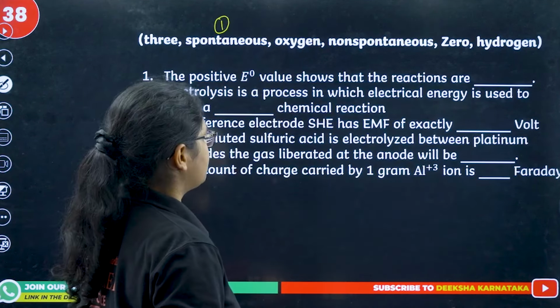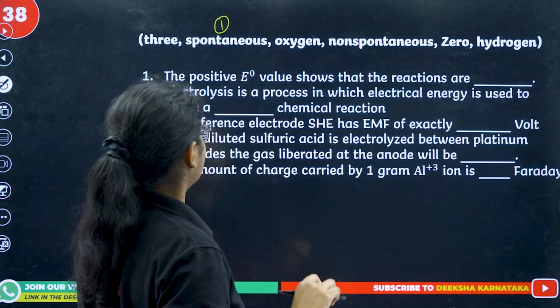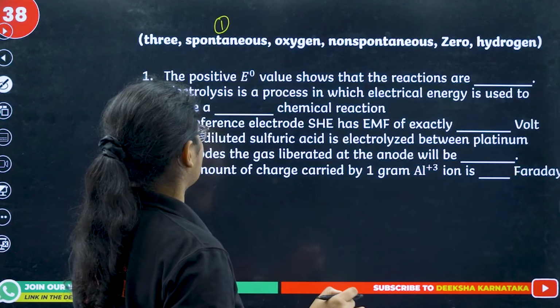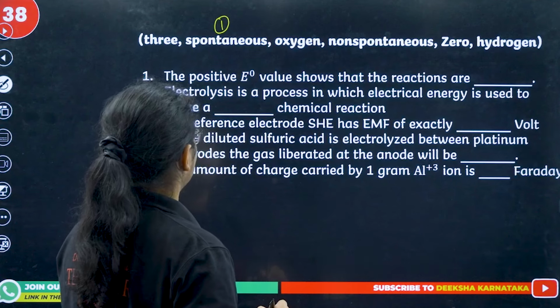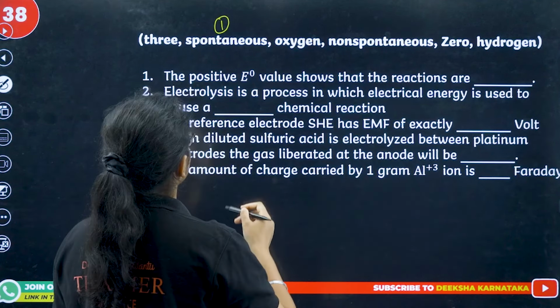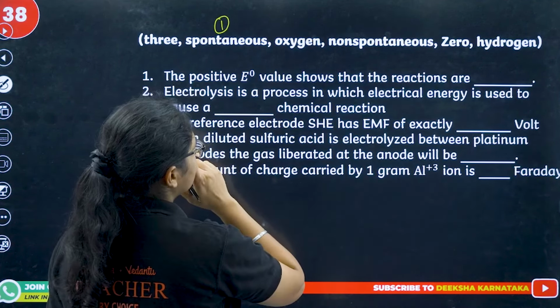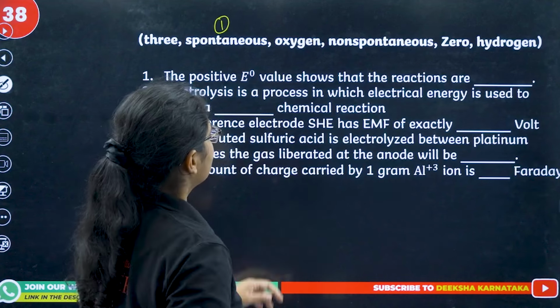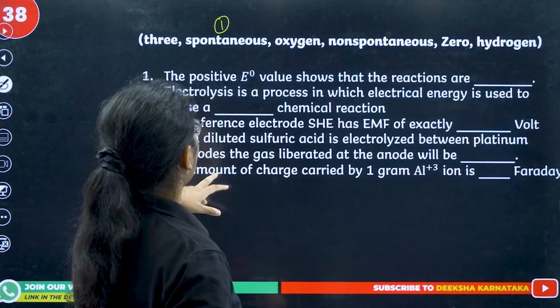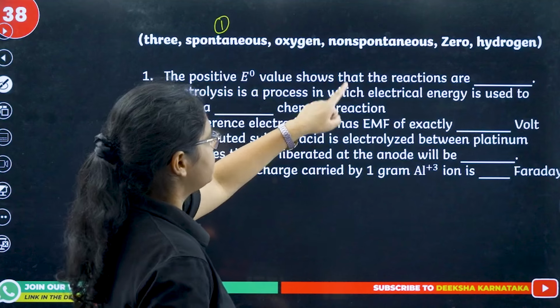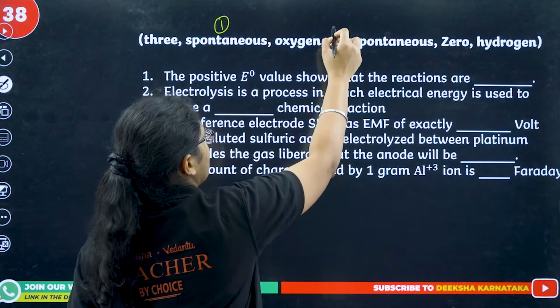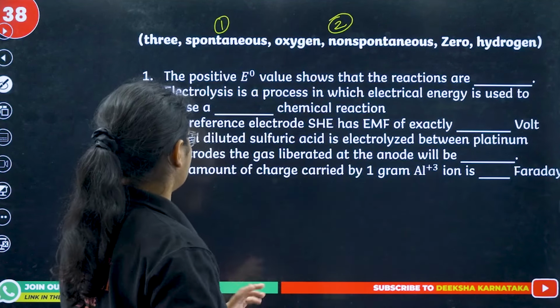Next, electrolysis is a process in which the electrical energy is used to cause a non-spontaneous chemical reaction.